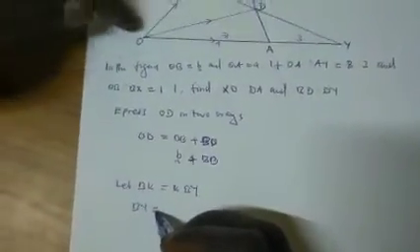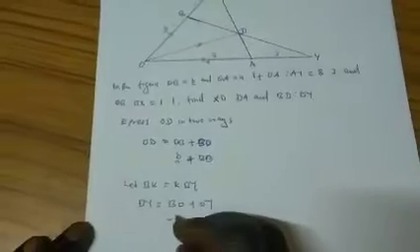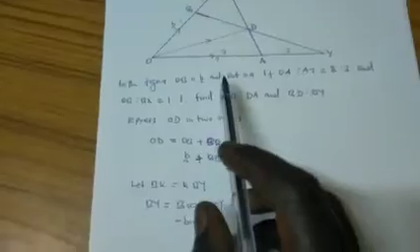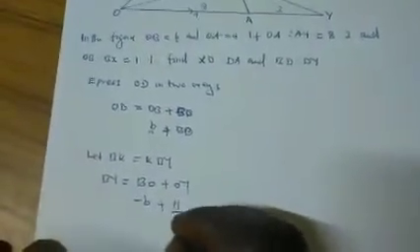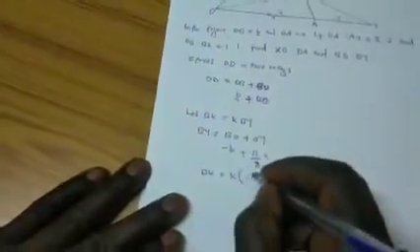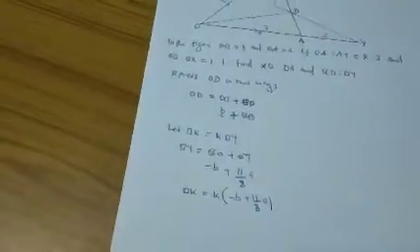So BY will be BO plus OY, and BO is negative b and OY is 11 over 8 a. Therefore, BD will be k into negative b plus 11 over 8 a.